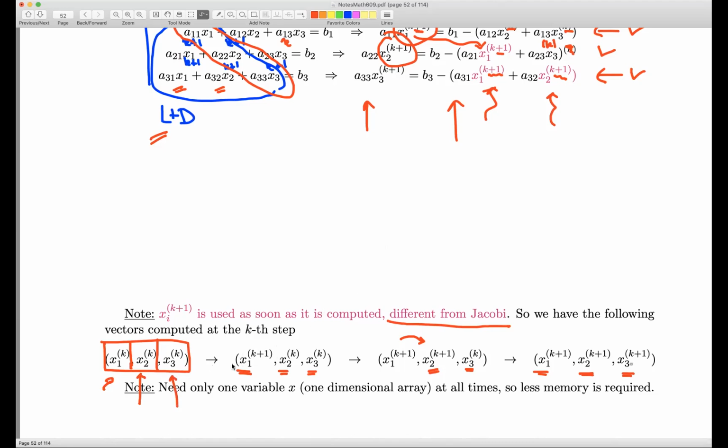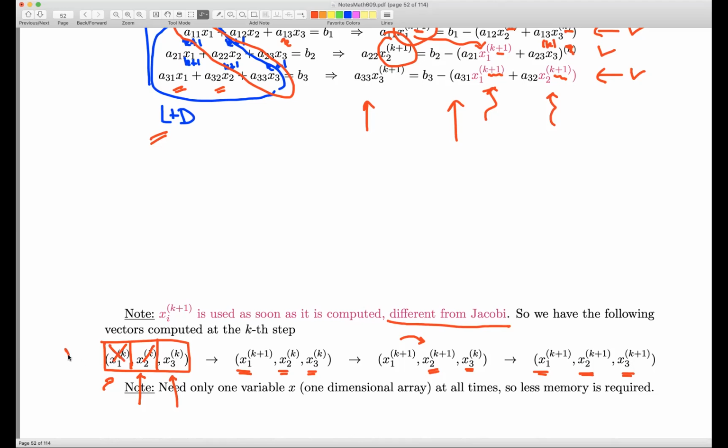When we compute the components of the next approximation, we can use the same memory cells, because instead of x1^k we will overwrite and put x1^(k+1). Then after we run the second equation, we will overwrite x2^k and put here x2^(k+1).